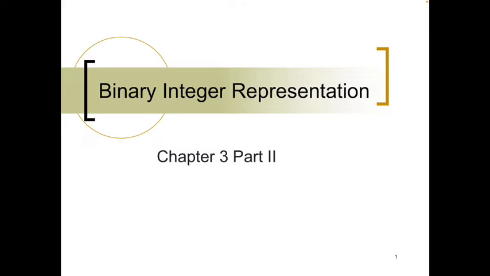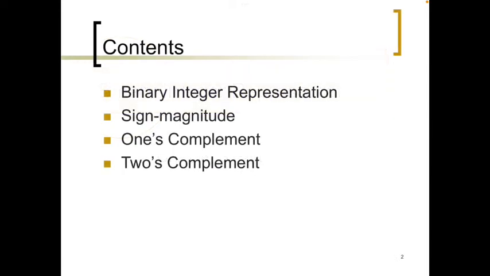This is the content for today's class, and as you can see, we will start with binary integer representation. Because before we go further on the next content, what is an integer? An integer is a whole number, number bulat, and it is not a fractional number.